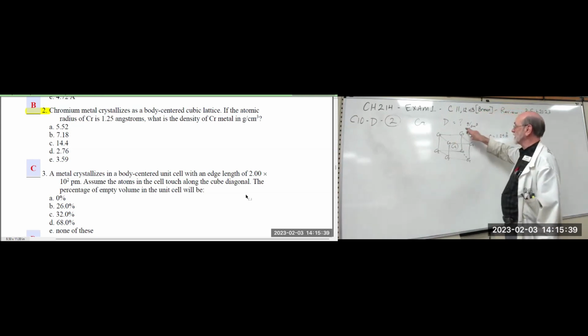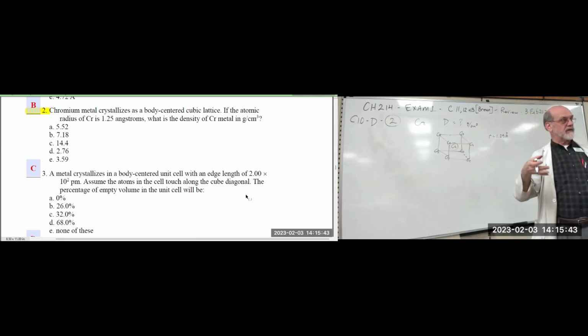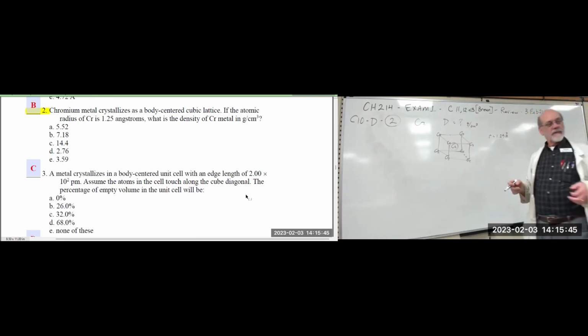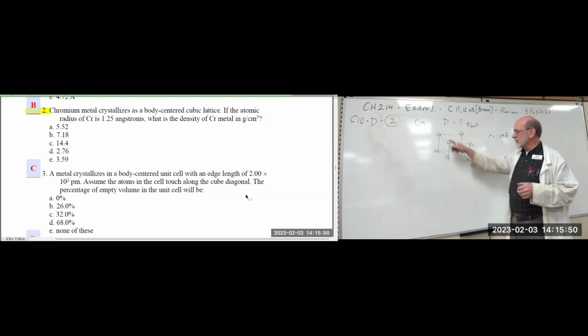So we're looking for density equals something in grams per cubic centimeter. So what do we need to know to do density? We need to know the mass and the volume associated with that mass. So I think the simplest way to do this is, what's the volume of that cube?